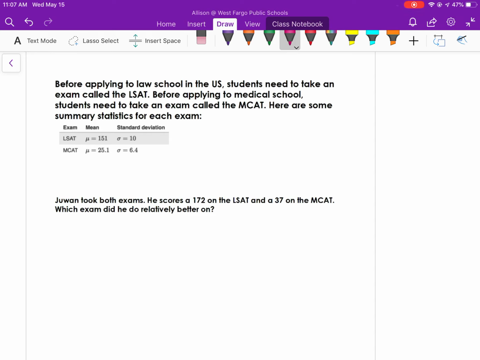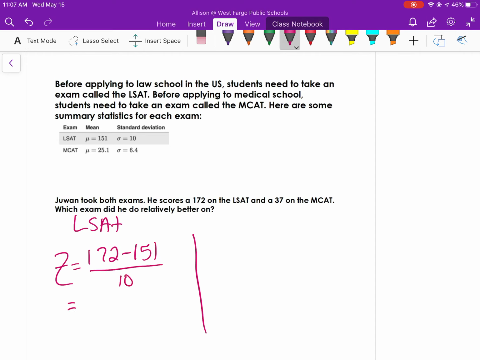If I find the z-score for the LSAT, his score is 172, subtract 151, and then divide by 10. So we would get 21 divided by 10, so 2.1 for a z-score on that one.